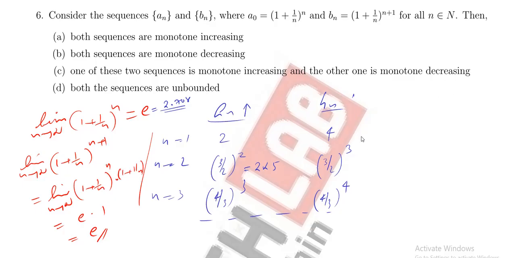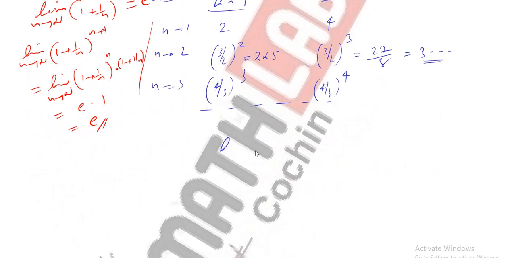Because when n is equal to 1, you will get 4. When n is equal to 2, you will get (3 by 2) cubed, which is 27 by 8, about 3 point something. So this value decreases to e. So a_n is an increasing sequence and b_n is a decreasing sequence. All right, so that is our conclusion.